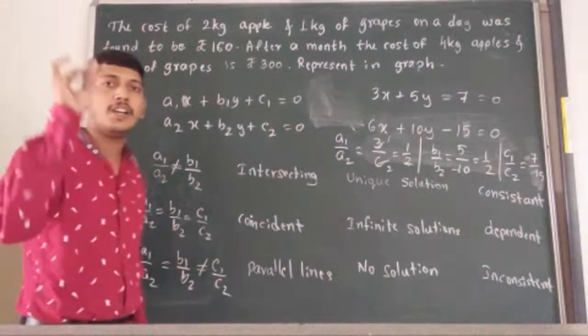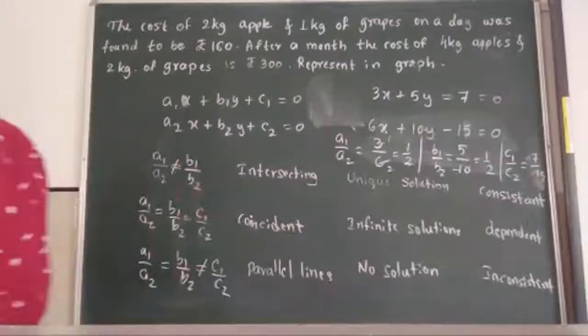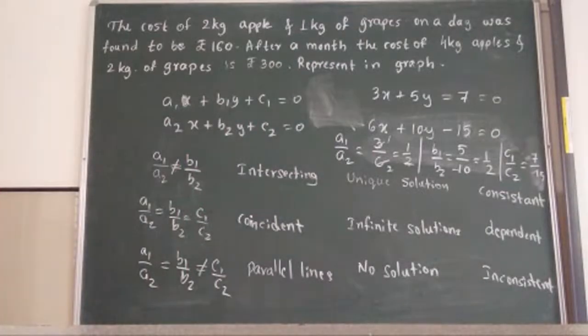So first case, if A1 by A2 is not equal to B1 by B2, then the lines are intersecting with each other and they have a unique solution, and they are known as consistent. Consistent means the pair of linear equations have a single solution. And the second case is A1 by A2 equals B1 by B2 equals C1 by C2.